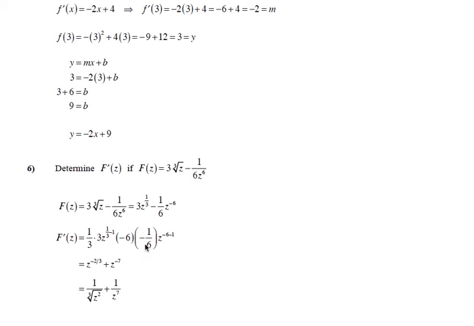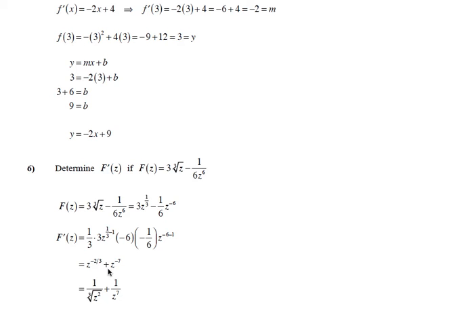So 6 times 1/6, that's just 1, and since they're both negatives, it's a positive 1, and so this just becomes plus z to the negative 6 minus 1, which is z to the negative 7. Here, 1/3 times 3 is 1, and 1/3 minus 1 is negative 2/3.